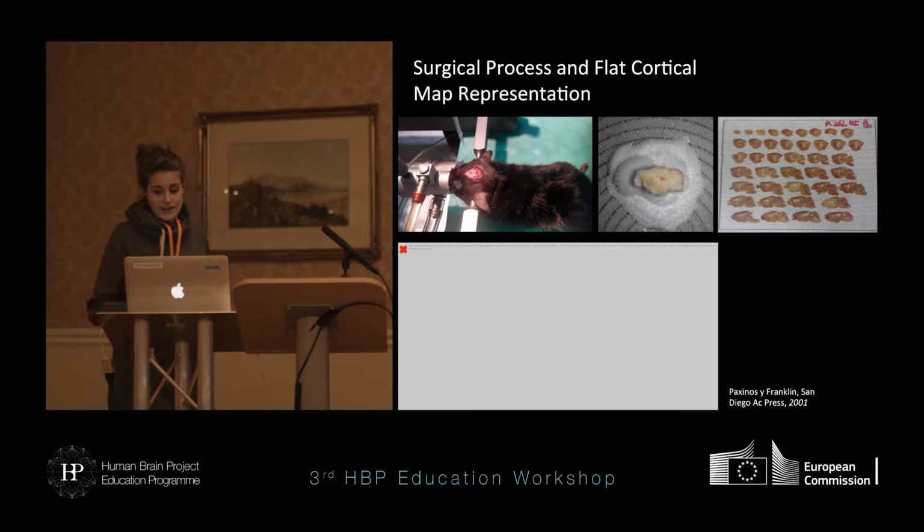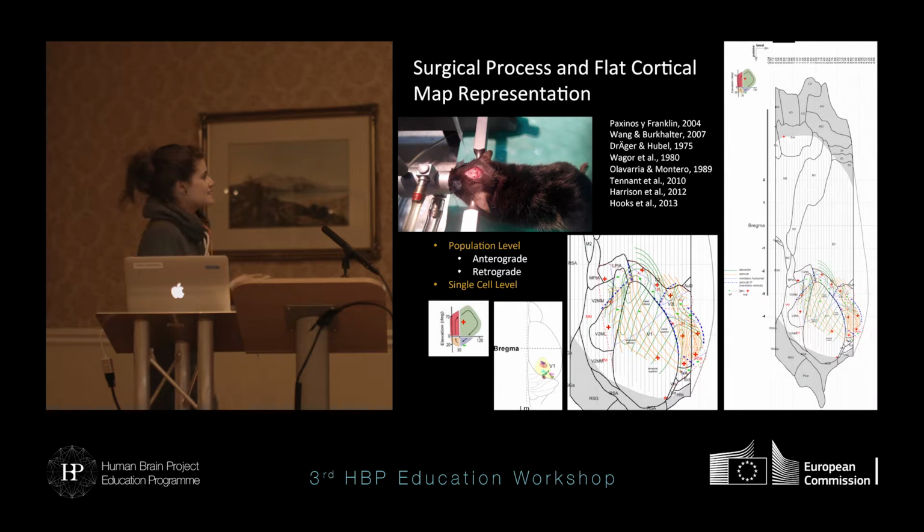But for that, what we have developed is this map here, which is a flat map of the cortical surface of one hemisphere. So here would be the frontal pole, which is here between the eyes, and here the occipital pole.